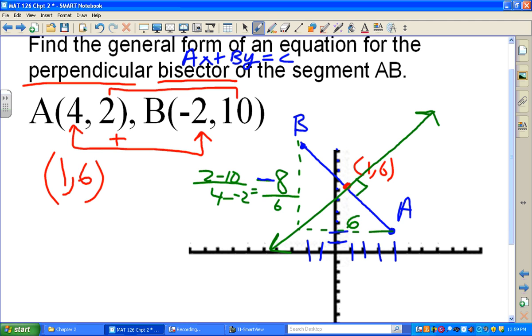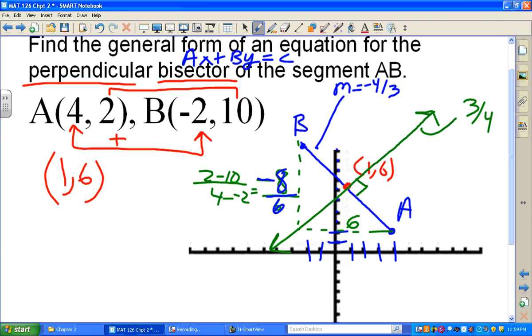That should be in blue. I took the difference in the y coordinates, 2 minus 10, I got negative 8. And the difference in the x coordinates, 4 minus negative 2. So the slope of the blue line is negative 4/3. The slope of the green line then has to be 3/4.